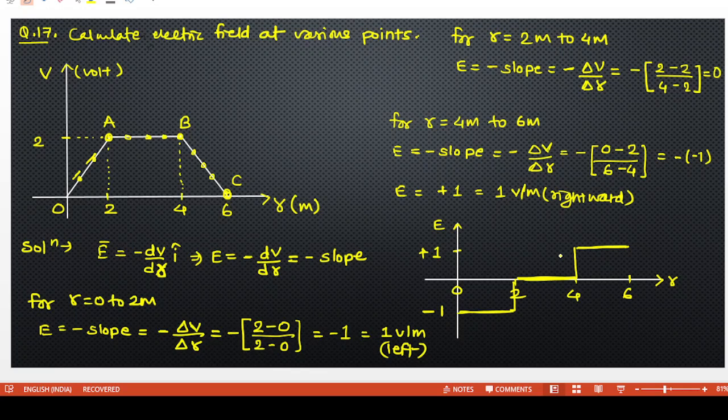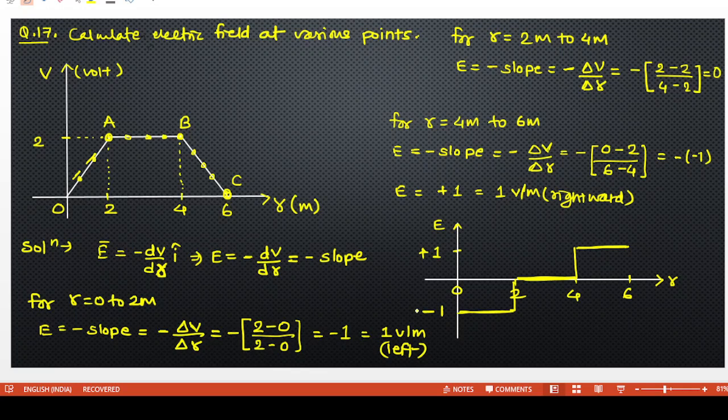For the last 2 days we are dealing with field and potential combined. You will be given potential, field will be asked: use partial derivatives. You might be given field, potential difference might be asked: use 3 different integrals. You might be given a graph of potential, might be asked the graph of field.